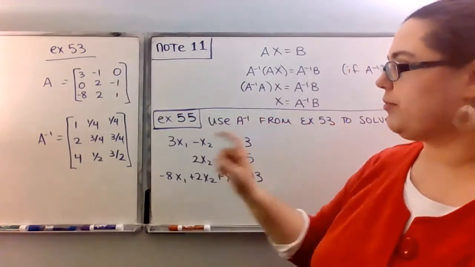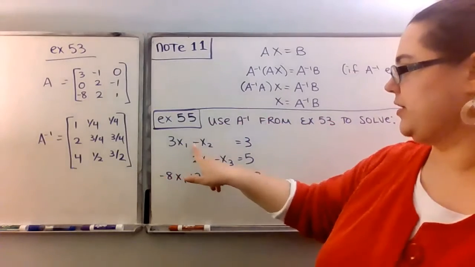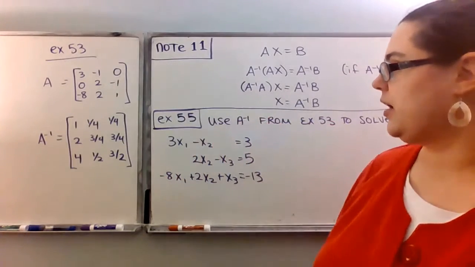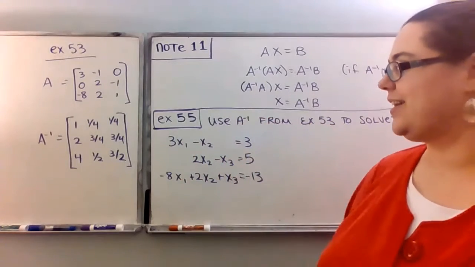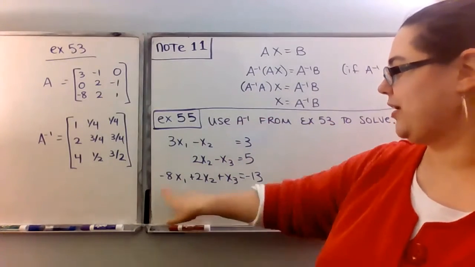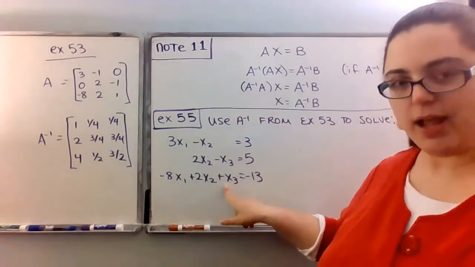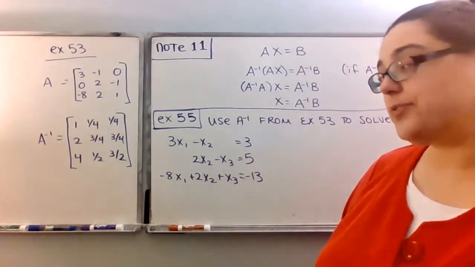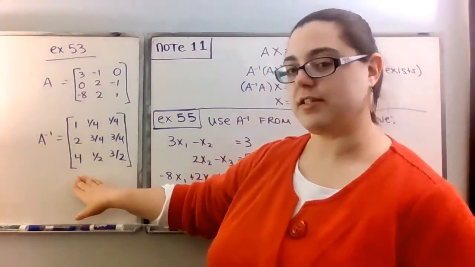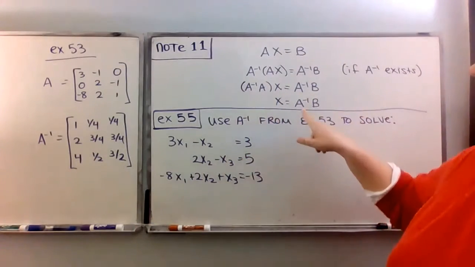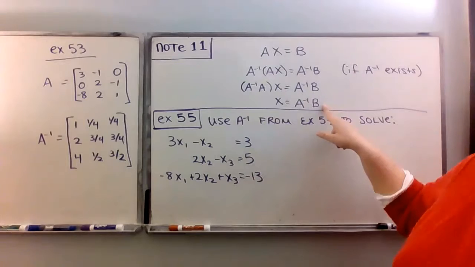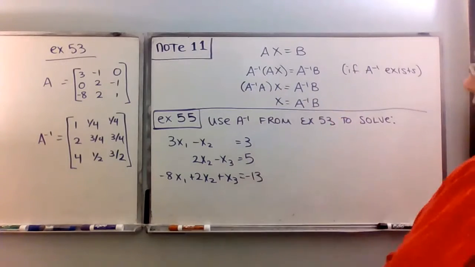For the rows, we had 3, -1, 0. Yay. 0, 2, -1. Yay. And then -8, 2, and 1. Hooray. So if I want to use A inverse to solve this system, all I have to do, according to our work here, is take A inverse times the constant matrix b.